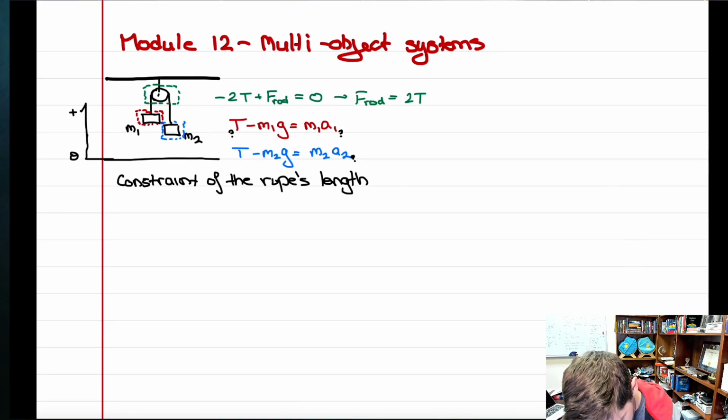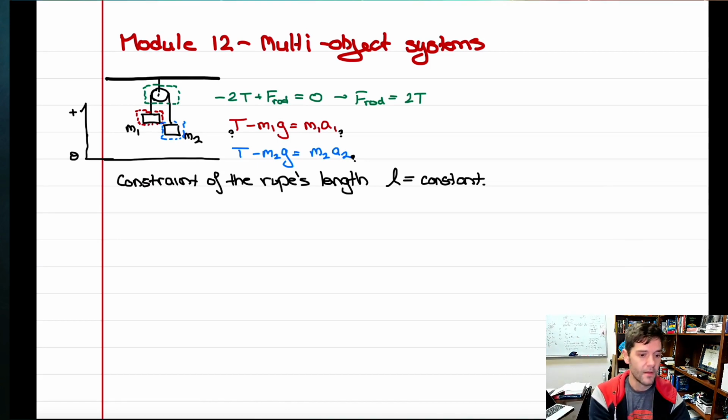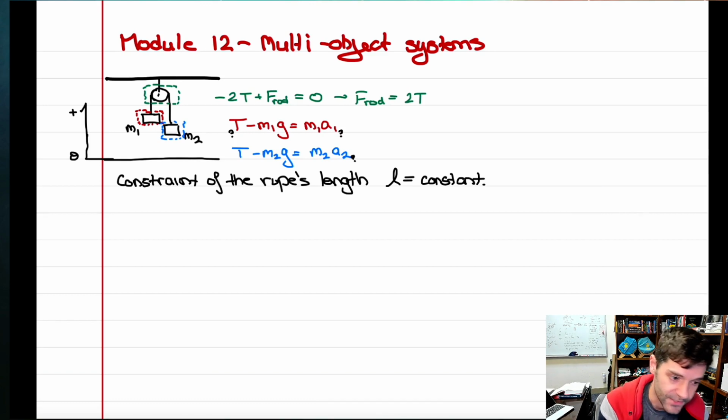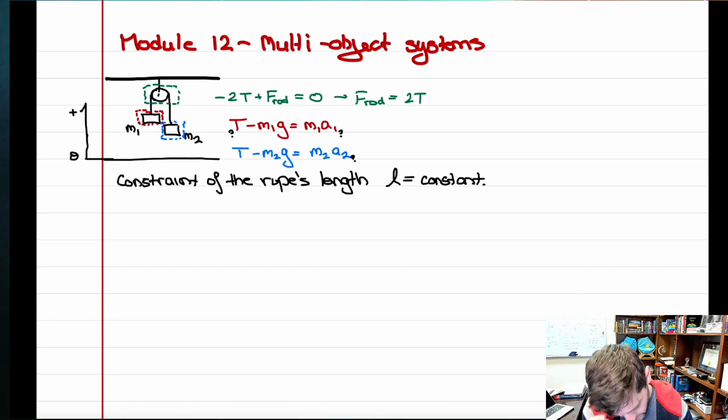So the rope length L, I'll call this little l, is a constant. Let's use that to write down a third relationship that will tell us something about these accelerations.